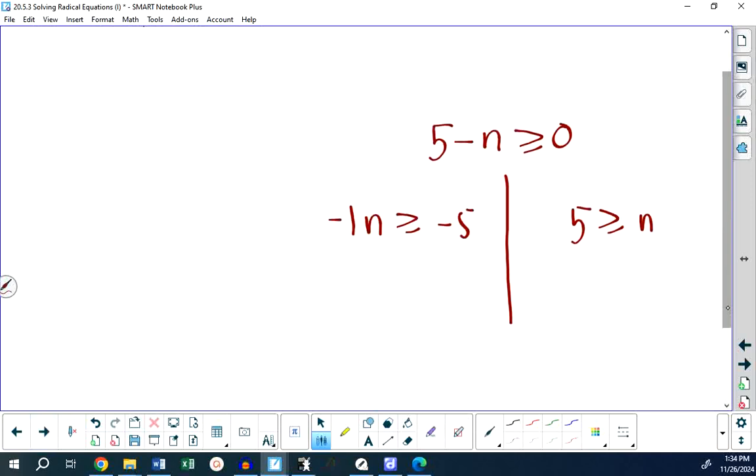Inequalities are taught back in grade 9, and then you don't touch them at all until now, basically. So I'll just ask the question. How many of you understand that if 5 is greater than or equal to n, n is less than or equal to 5? The basic kind of idea is you're reading this backwards. That's how I think of it.